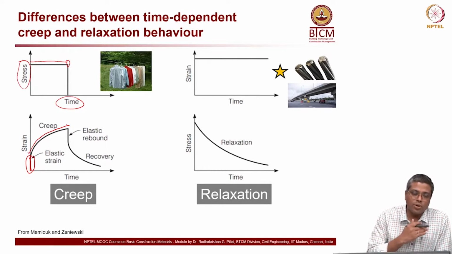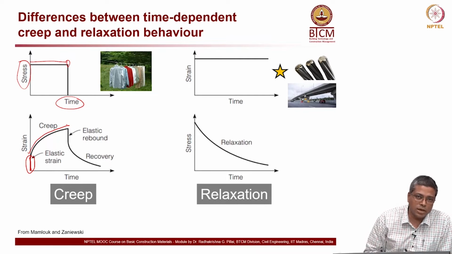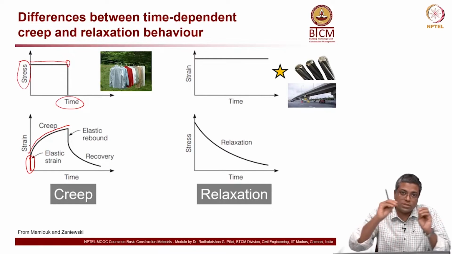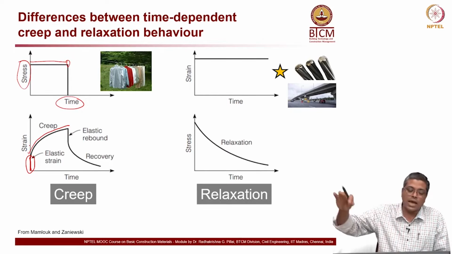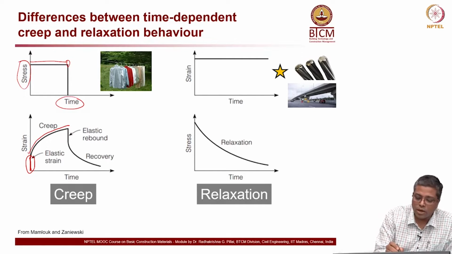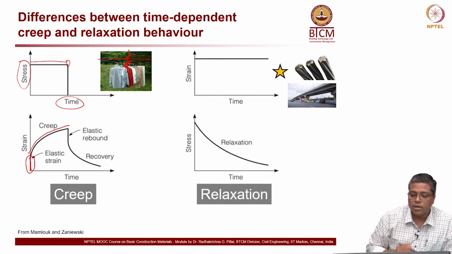Assume that this cloth is there continuously on the string every day for months. Then you will see that the deformation or the length of the string keeps on increasing, or the sagging is more and more. I am talking about this height, this gap, which is going to be more and more.